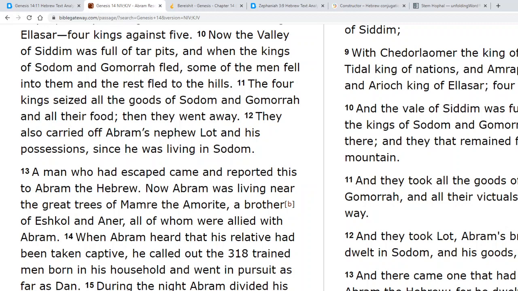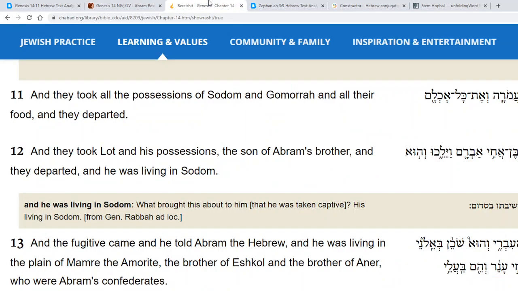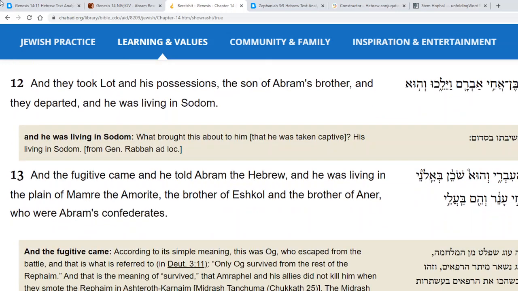I mean, yes, that's who did it, but why are you saying four kings? That's not in the verbiage there. Seized all the goods of Stom and Amorah and all their food. Then they went their way. Okay. Chabad. And they took all the possessions of Stom and Amorah and all their food, and they departed. Yeah, that's probably how I would do it.